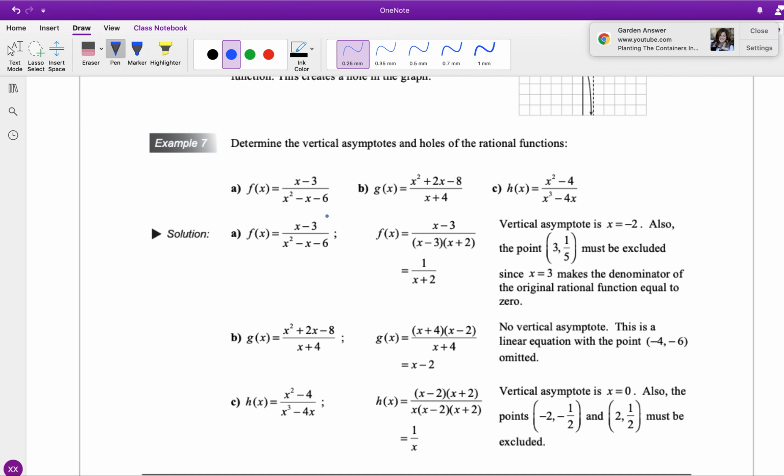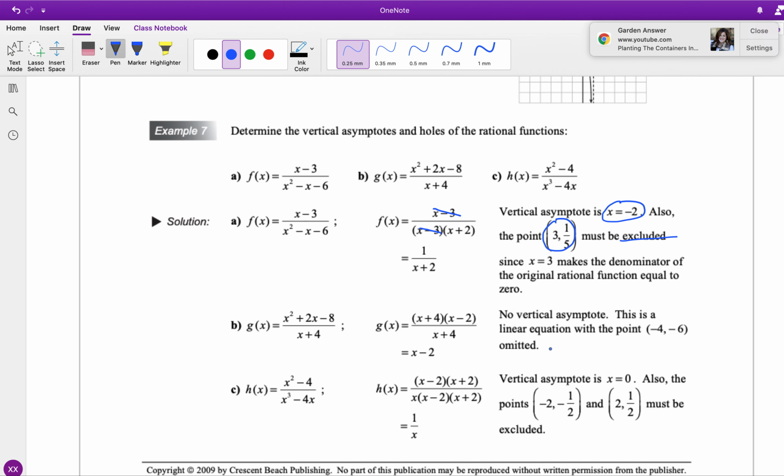So in this case, we do know the x minus 3 cancels, so it reduces to only 1 over x plus 2. So then you have a vertical asymptote at negative 2, but also the point here, this x minus 3, x equals 3, this point is a hole, has to be excluded.